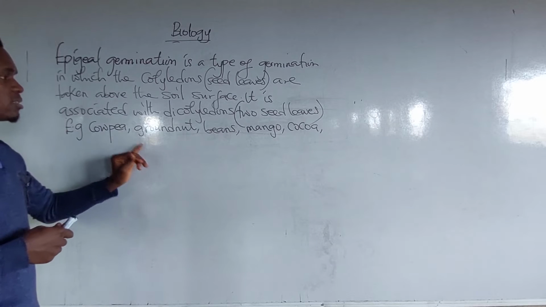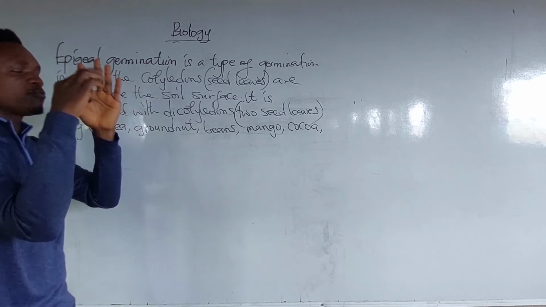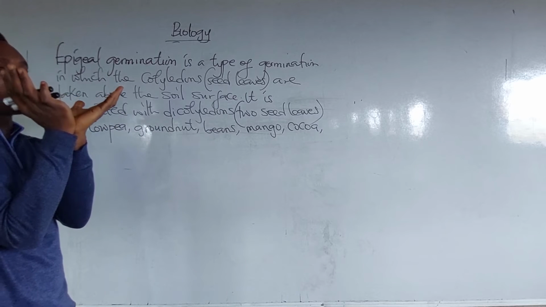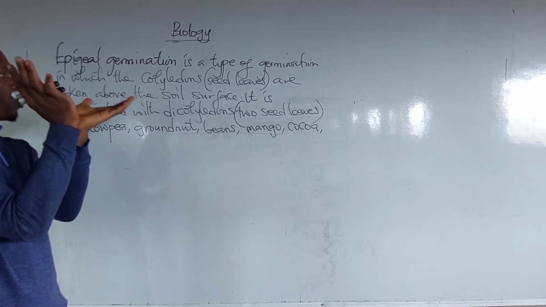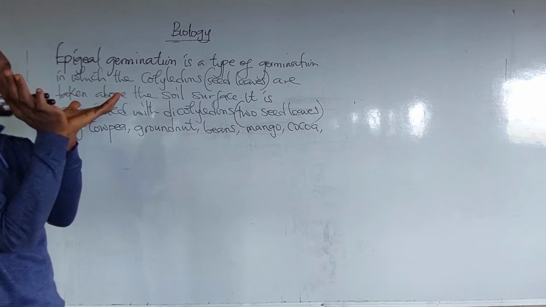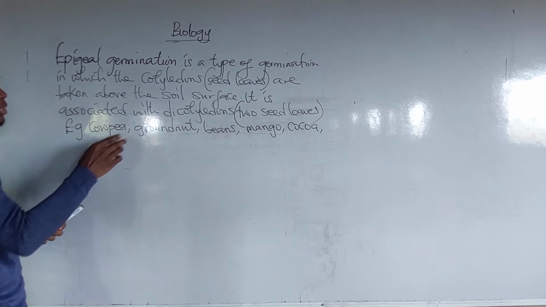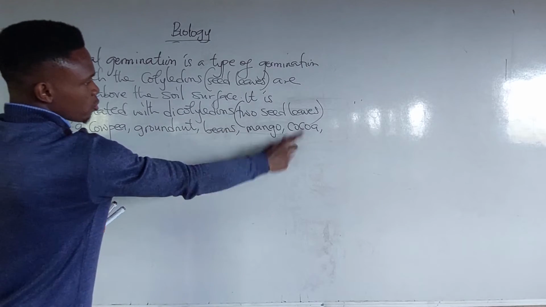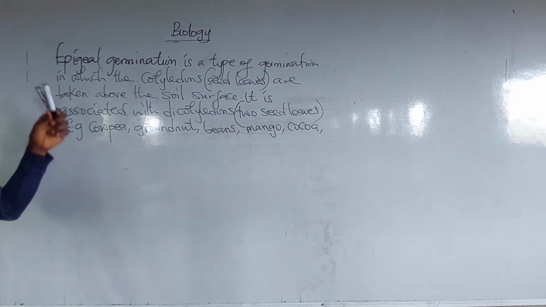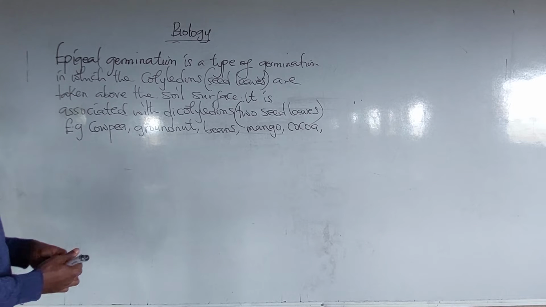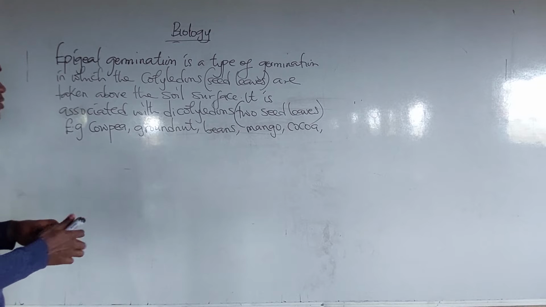These entities have two cotyledons, such that when they are split open, you have two, each cotyledon on the left and the right hand side. Cowpea, groundnuts, beans, mango, and cocoa are examples of dicotyledons. Now, what are some features?